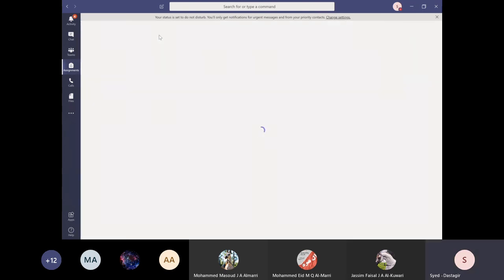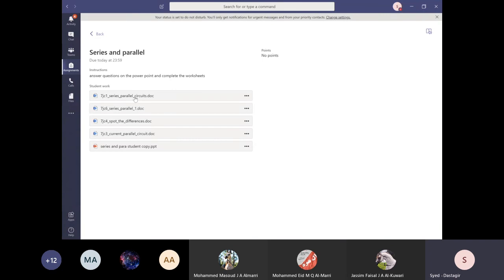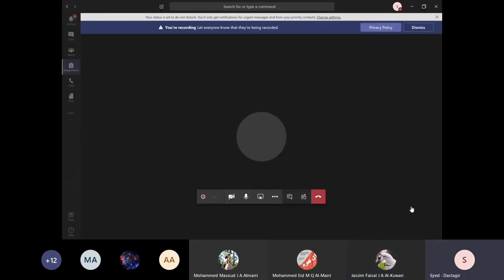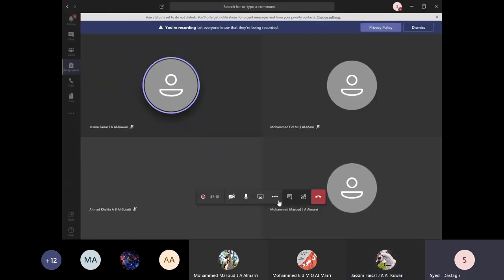Then you'll see four worksheets that you need to complete by the end of next lesson. You have another lesson now.